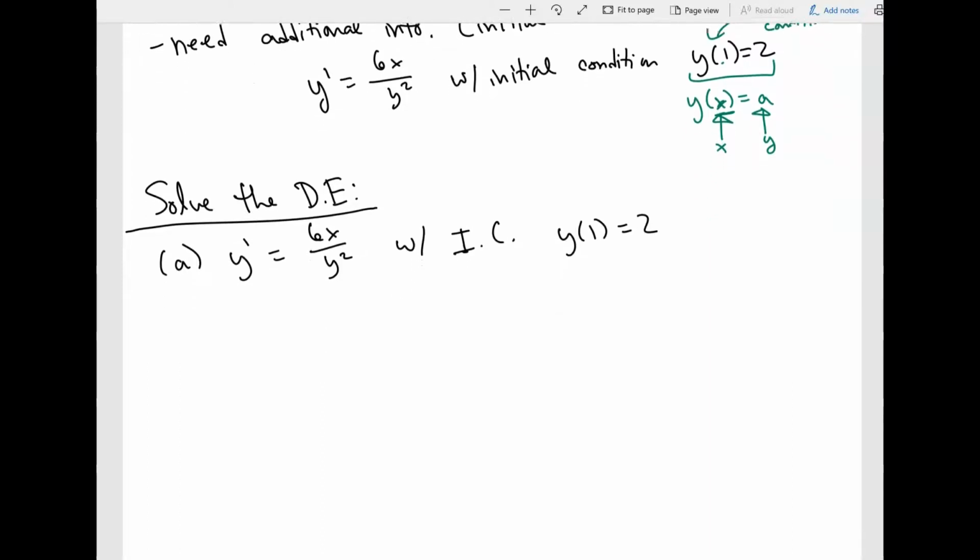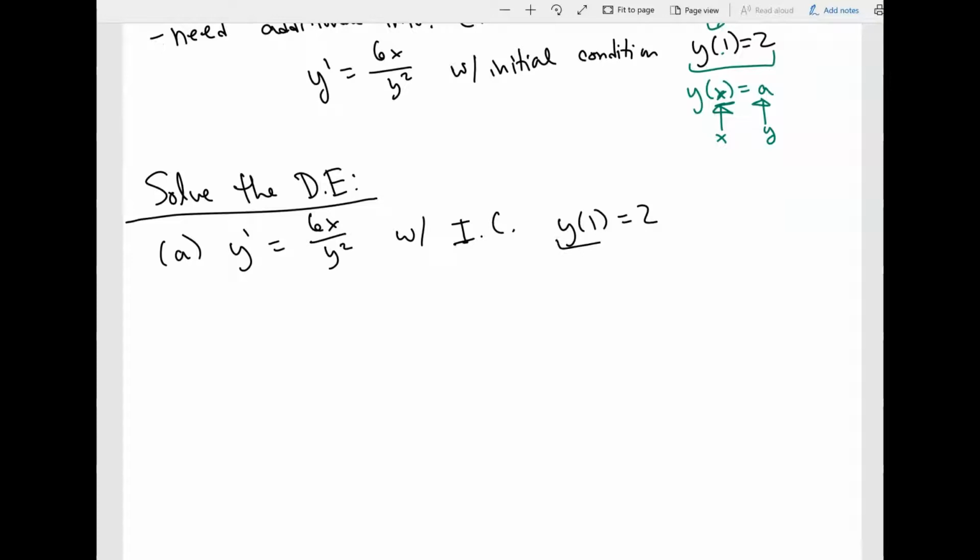We're going to deal with the initial condition later. We're going to do this the same way that we did the other problems. So y prime is changed to dy over dx, which is equal to 6x over y squared.